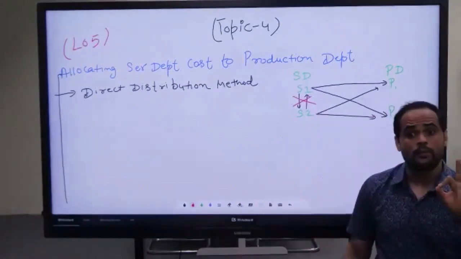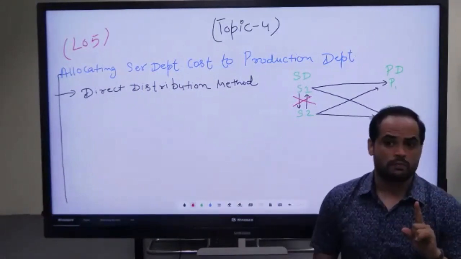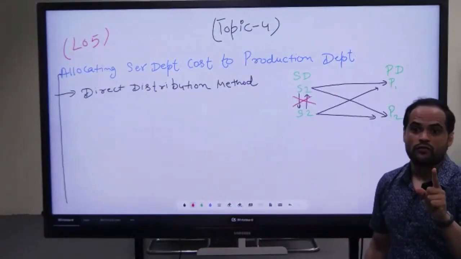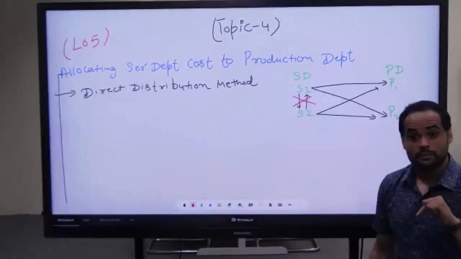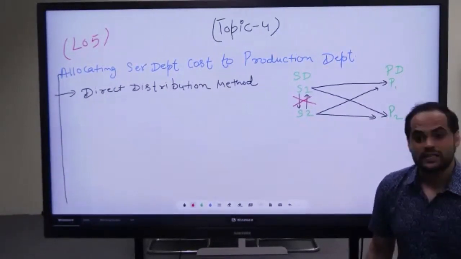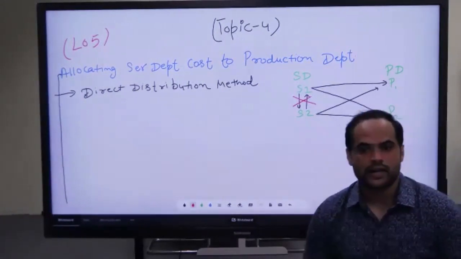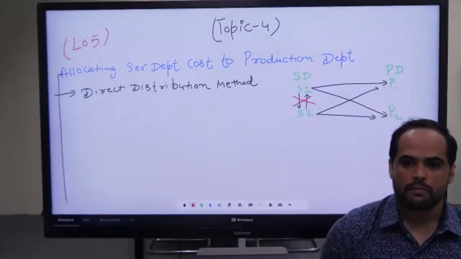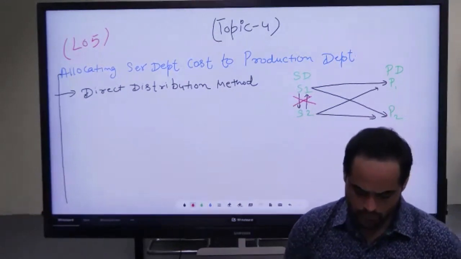So the minimum requirement to apply the direct distribution method is when a service department only provides service to the production department. A service department does not provide service to another service department, like I mentioned. If this situation happens, we apply the direct distribution method, right? Okay.